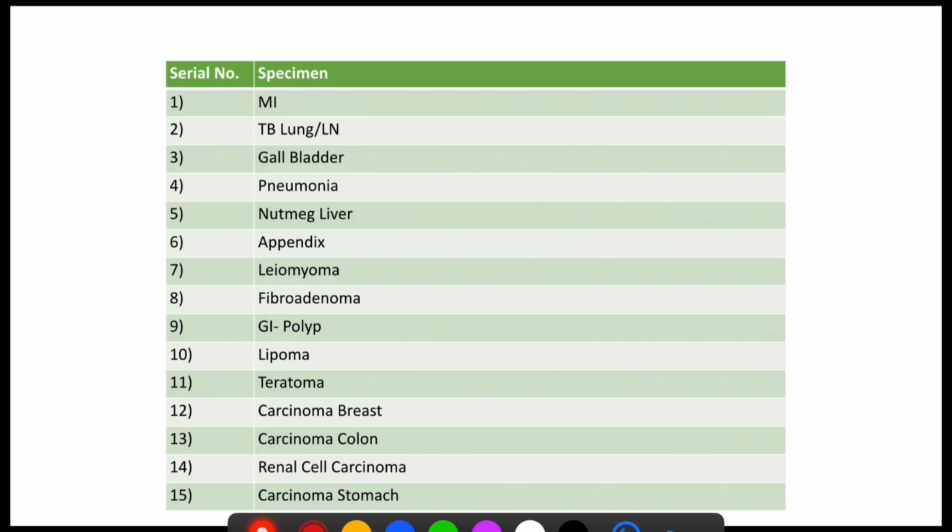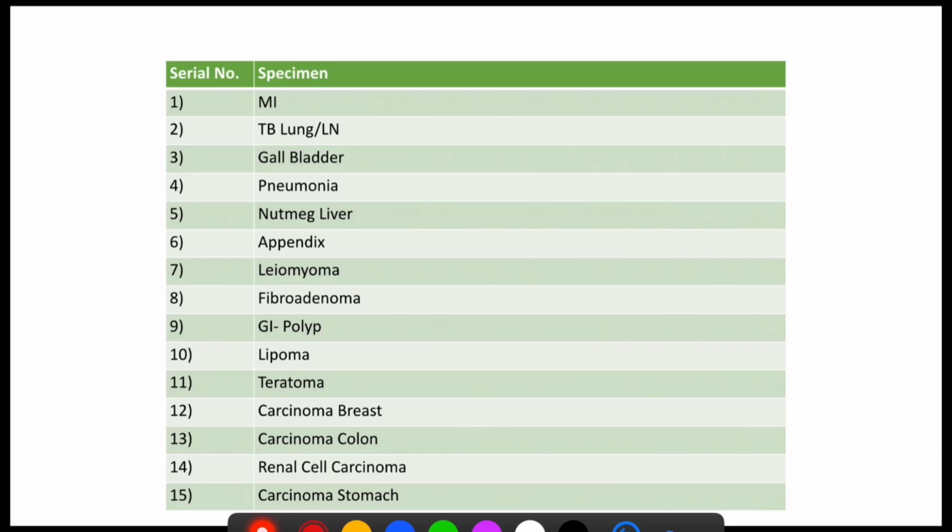and if you find any difficulty whenever you see the gross specimen, you just describe the specimen, what it is, try to identify which organ this is and which type of lesion or any abnormal area you can identify and try to describe it.